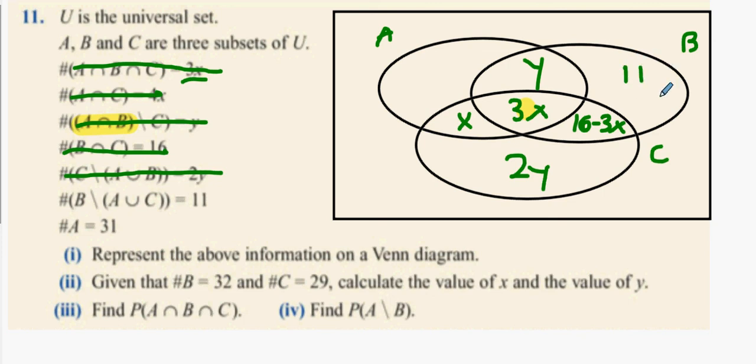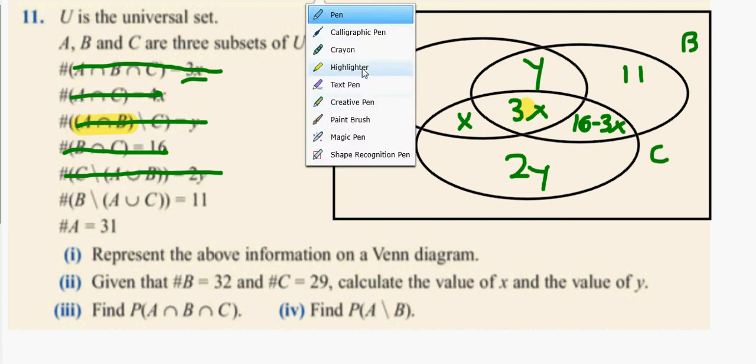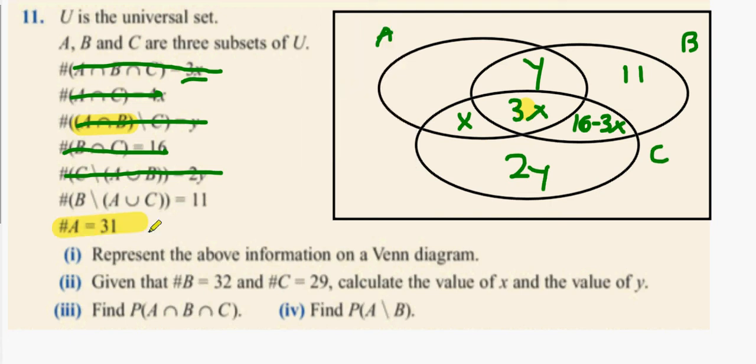Now finally, everything in A is 31. So what does that mean? All that has to equal 31. So it's going to be 31 take away y, take away x, take away 3x. So it's going to be 31 minus 4x minus y.